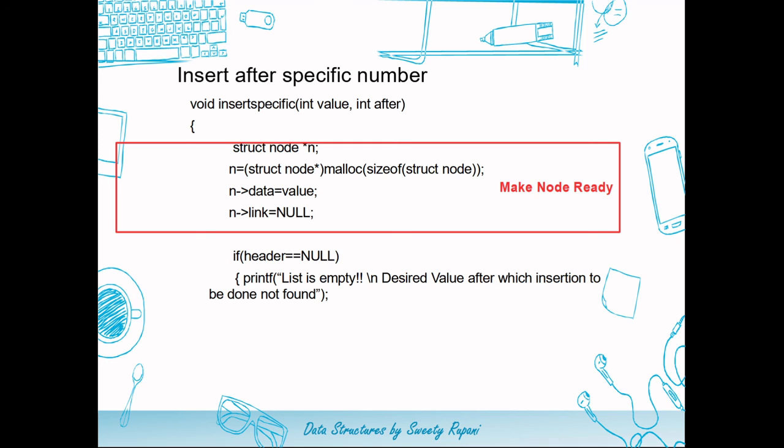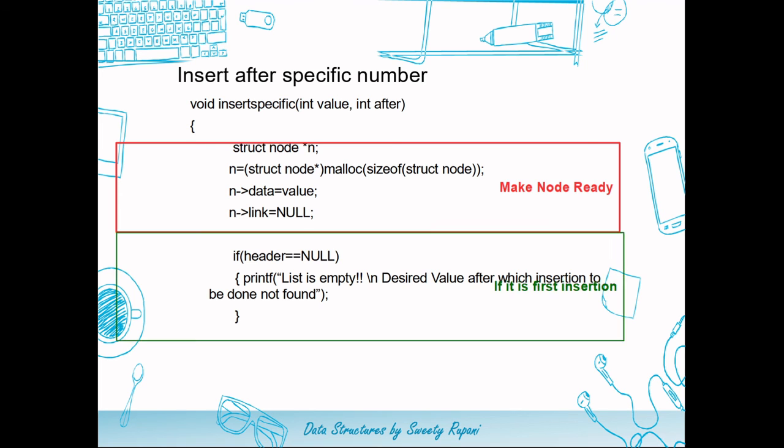Now if you are inserting after a specific number and the list is empty, you'll have to print an appropriate message stating that the list is empty and the desired value after which an insertion is required is not found. That will just print a message and return control back to the calling function, because this was the first insertion and the list was empty.